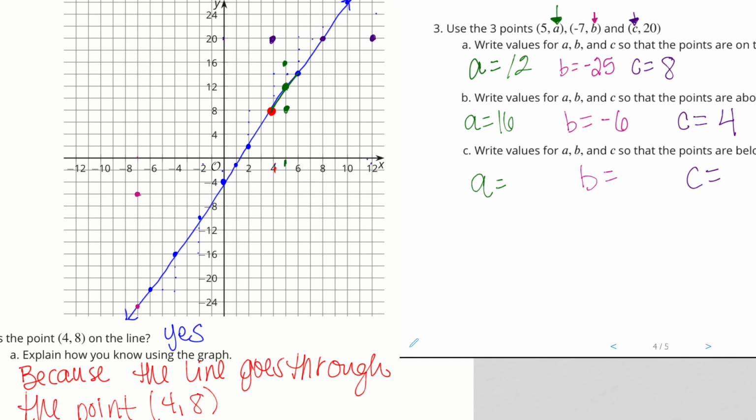Okay, what about B? So we're at -7. We need a point that's below the line for our y coordinate. -20 is up here. We're down here.